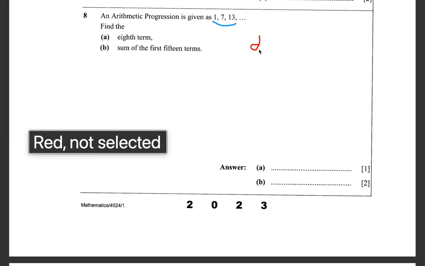So here, the first term is 1. So we say if you subtract the consecutive terms, T2 and T1, the answer must be the same as subtracting T3 minus T2. For AP, we subtract. So our T2 here is 7 minus our T1 here is 1.